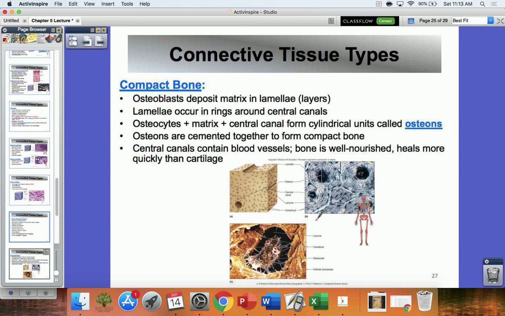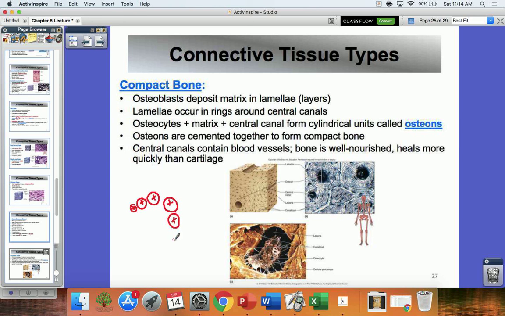So compact bone, compact because it's tightly packed together. We'll find this in places like the middle part of our long bones, and I'll be able to show that to you later. And we also have these osteocytes, which are the cells I found in lacunae. So these X's that I'm drawing, those are the osteocytes, and the circles that I'm drawing are the lacunae.